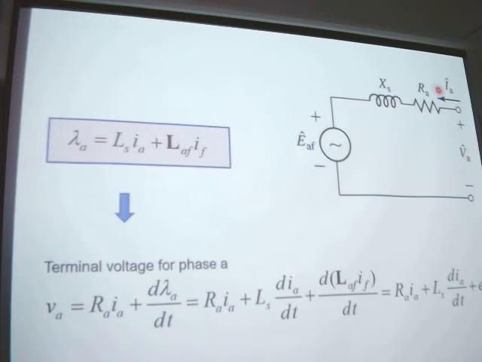Although it is for the stator circuit, the EMF is related to the inductance between the stator and the rotor. The EMF is related with the rotor and stator. So we can think this circuit represents the whole machine.